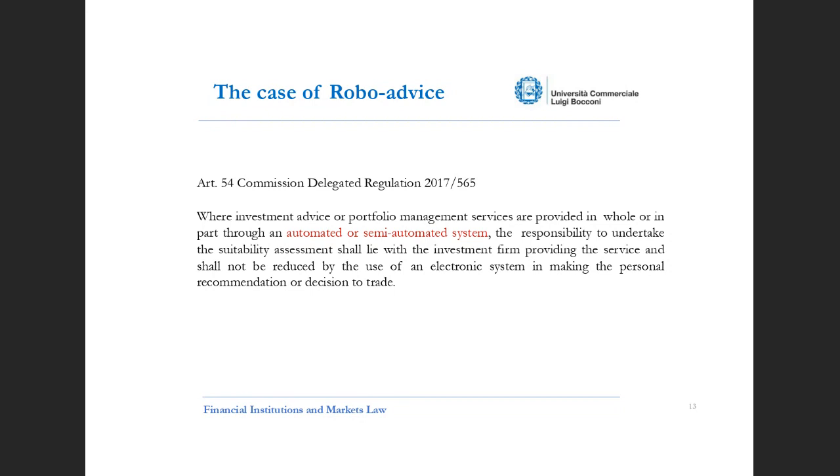So the investment firm must ensure, for instance, that the algorithm and that the process for the compiling of the questionnaire and for collecting information from the client is solid, it works properly, and that the algorithm is built in a way which ensures compliance with the principles that we are considering.